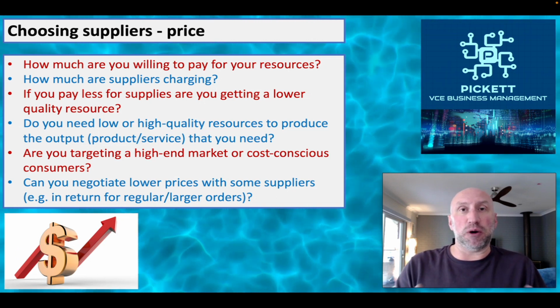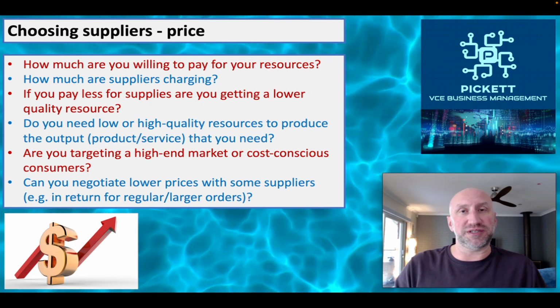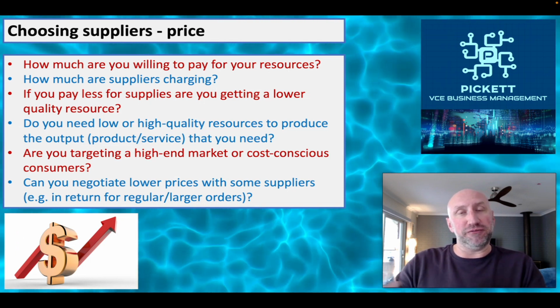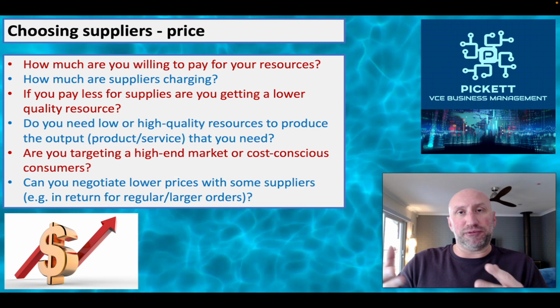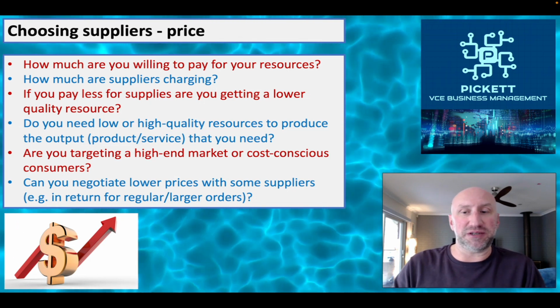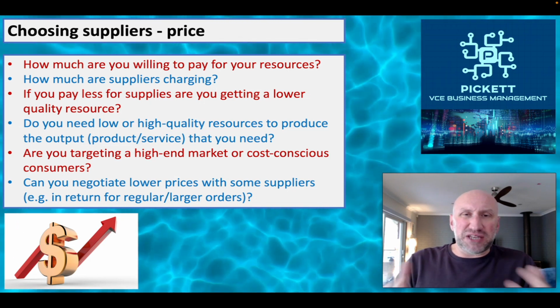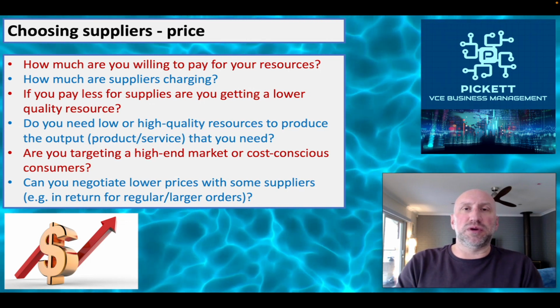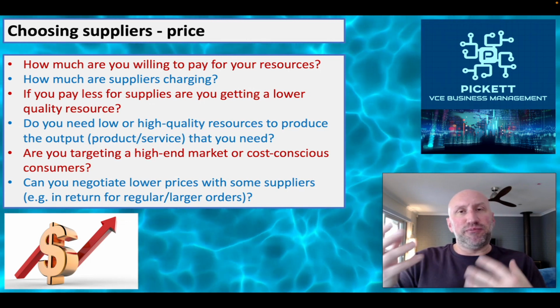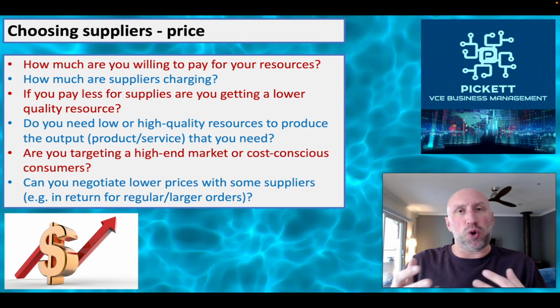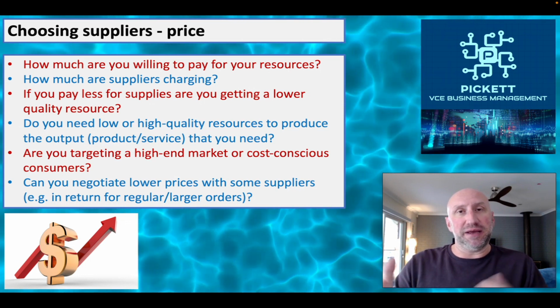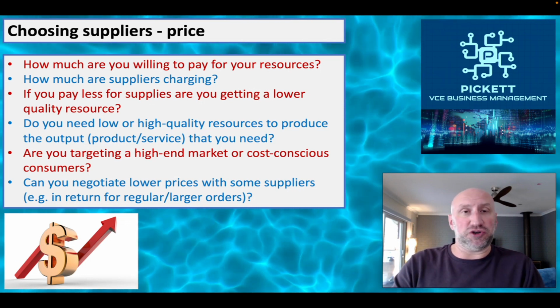This concept of bulk buying, kind of how the world works. The more of something you buy from someone, usually, the lower the price per item that you're going to pay. So that should make some sense. Really what we're talking about here is, the level of price that you're paying needs to reflect the quality of the output that you are trying to produce.